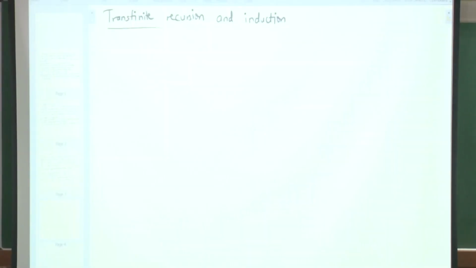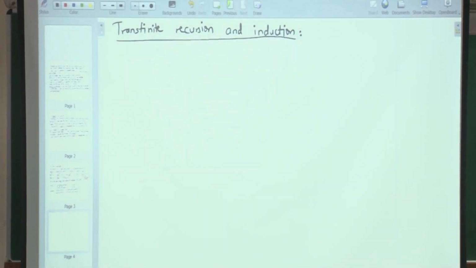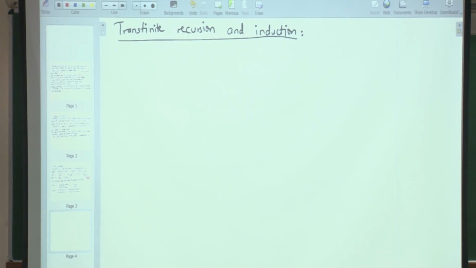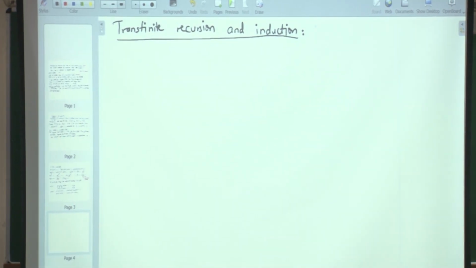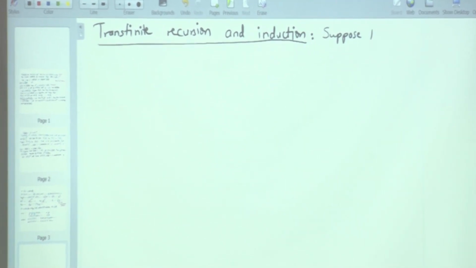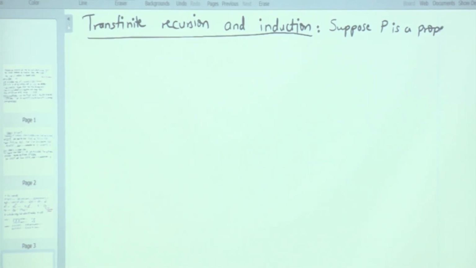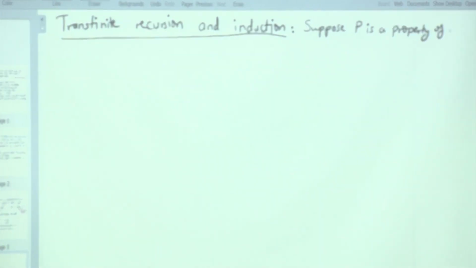So how do we prove this? Well, the answer is simple. Suppose P is a property of ordinals.